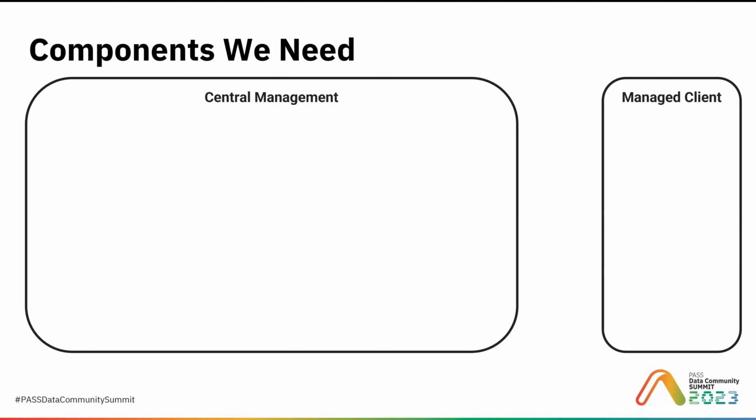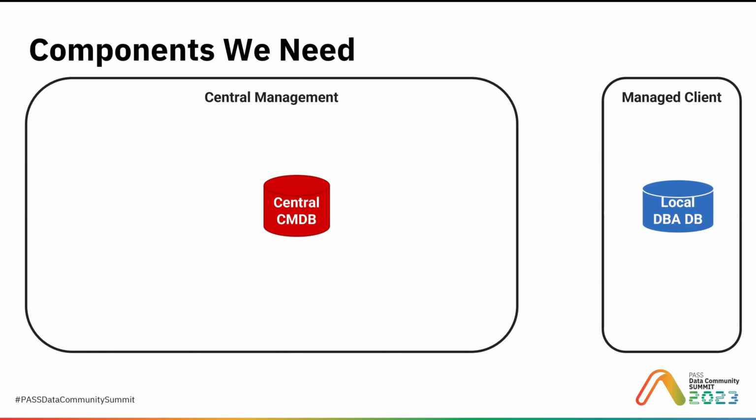And you have your central machines that basically hold that central CMDB, where you have all the information that you need, all the changes, everything goes in there. This is the one where you know what your infrastructure looks like. It's all in there, and it starts from there. What I usually create is, on each and every machine, a little DBA database.